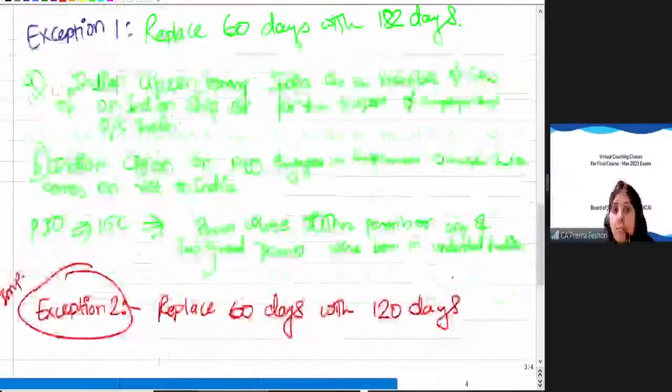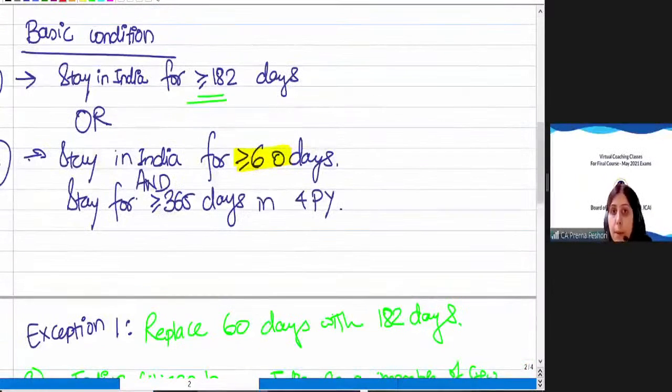So for second exception, you have to replace the 60 days with 120 days, and you will also have the 365 days condition. Clear? So that is the second exception, right?